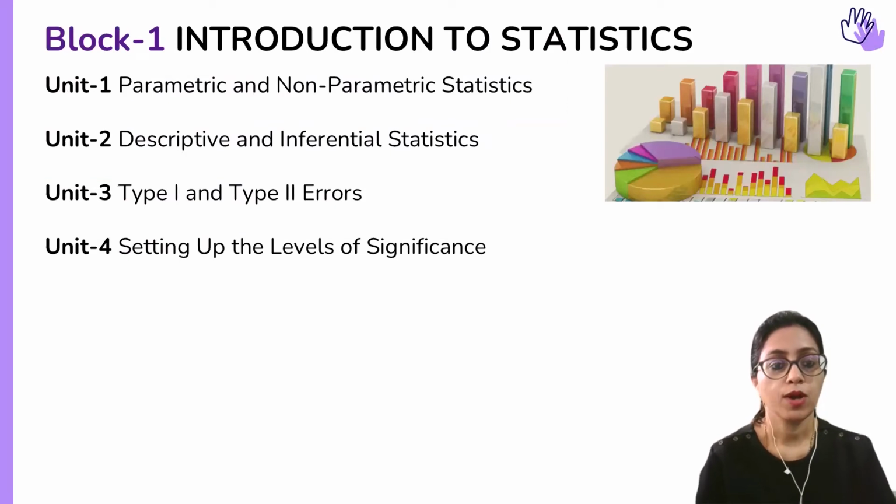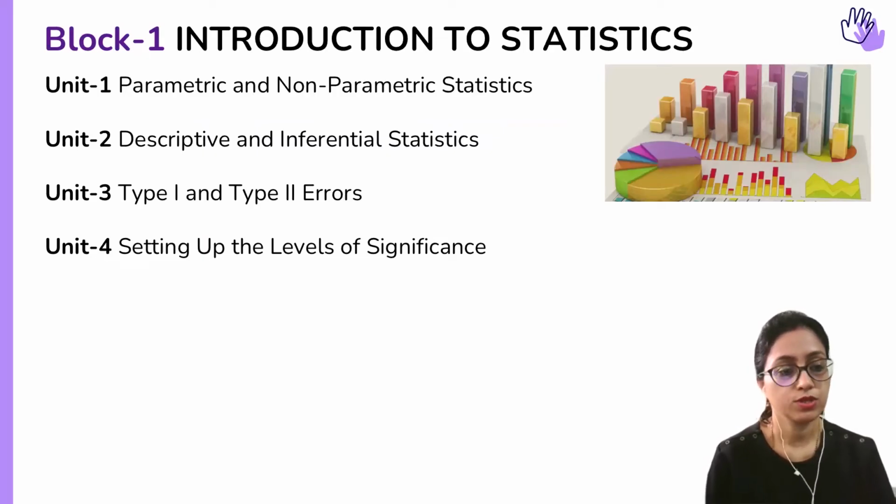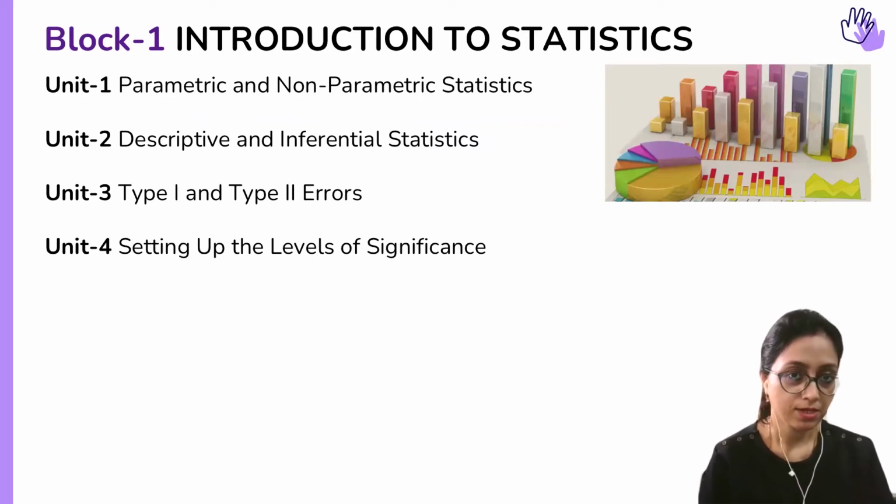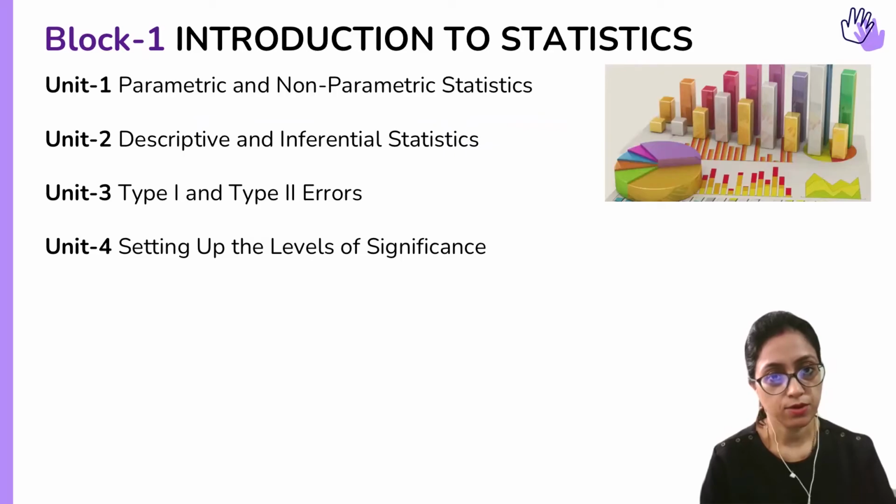Coming to block 1, which is introduction to statistics, it is divided into 4 units: unit 1, unit 2, unit 3, and unit 4. Unit 1 is about parametric and non-parametric statistics. Basically there are two types of statistics, parametric and non-parametric. We study each of them as you go along this particular unit.